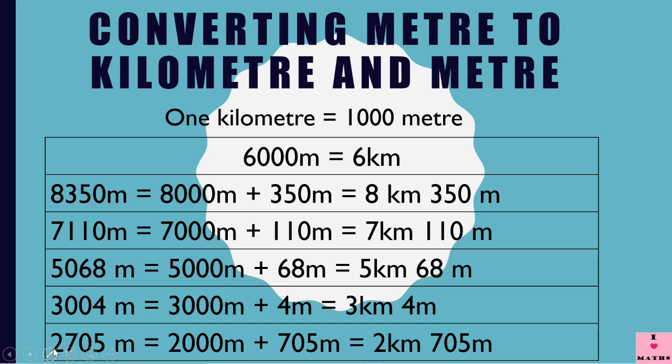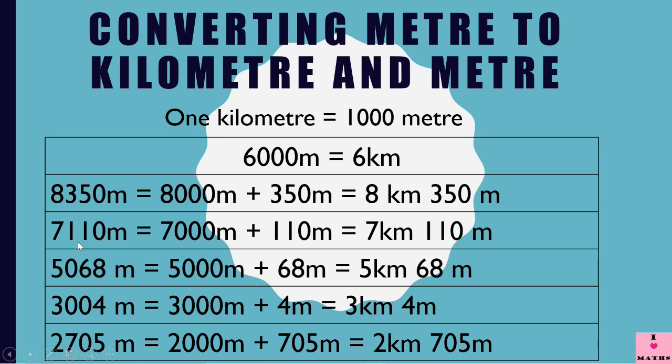So children, in all these lengths, please pay attention. The number formed by the last 3 digits, that is meters, 350 meters. And whatever is the remaining, that is the kilometer.